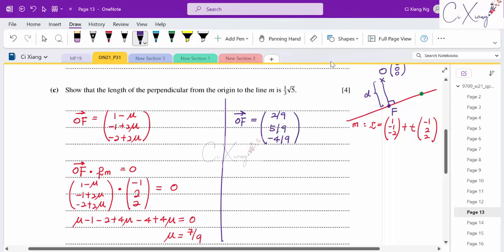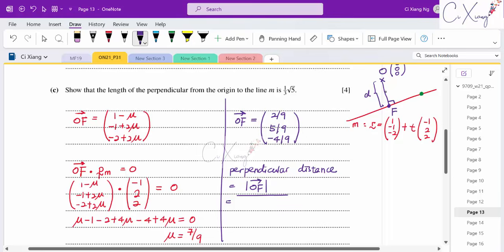Since we are interested in finding the perpendicular distance or perpendicular length of this particular line, it is actually the modulus or the length of this particular vector. So the length d is actually the length of the vector OF. To calculate the perpendicular distance, it is basically the modulus or the length of the vector OF.